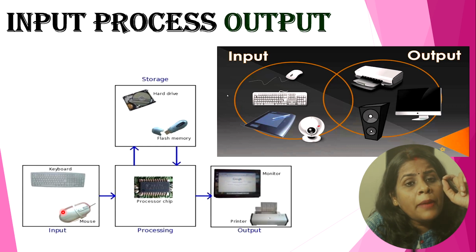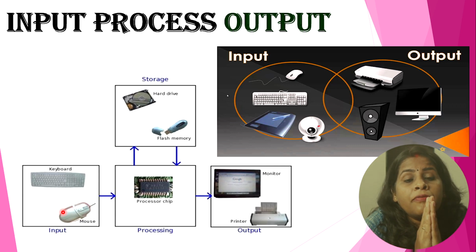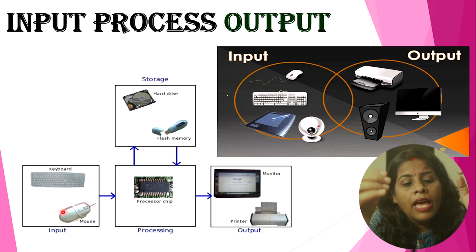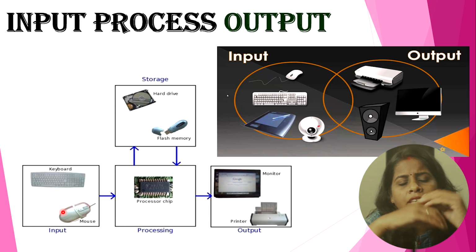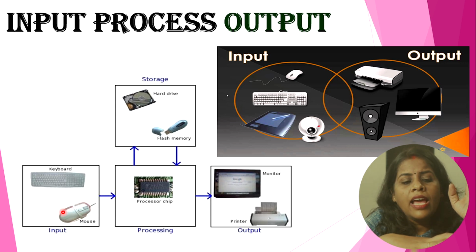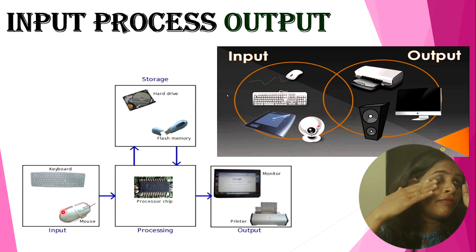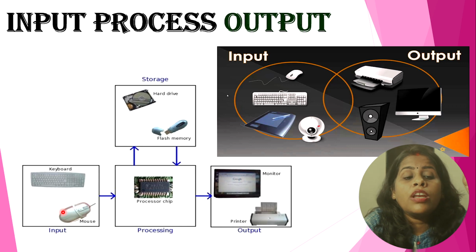First of all, you have to understand the input device. With the help of the device we are inputting our data. If we are able to input data, information, image, text, graphics, audio, video, anything into our computer with the help of any device, then this device is called an input device.